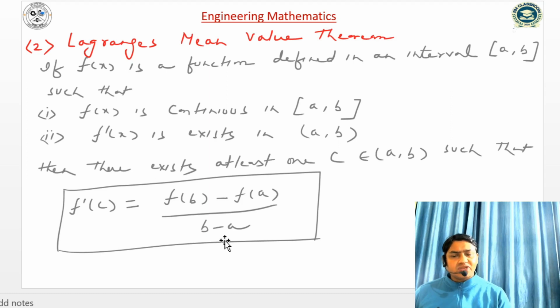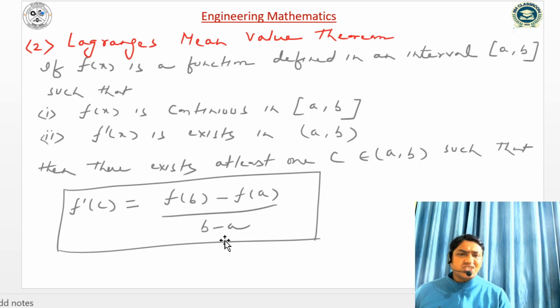So firstly we have to check which mean value theorem we have to apply. For Rolle's theorem, three conditions: the function is continuous, f dash x exists, and the third condition, which is very important, the functional value at x equal to a must be equal to the value at b. Then we can apply it, and at least one point in a and b where our f dash c is equal to 0.